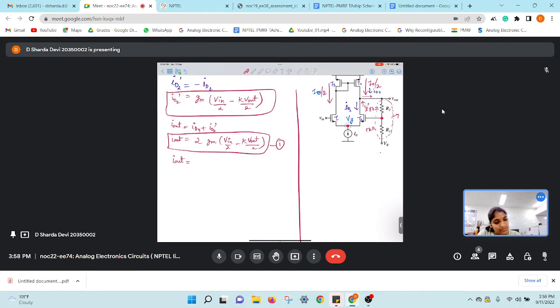Looking at the circuit, let's say this is the current I out coming. So how can we express I out? Can we write I out as V out by R1 plus R2? Yes. This is clear, no? So this is expression 2.